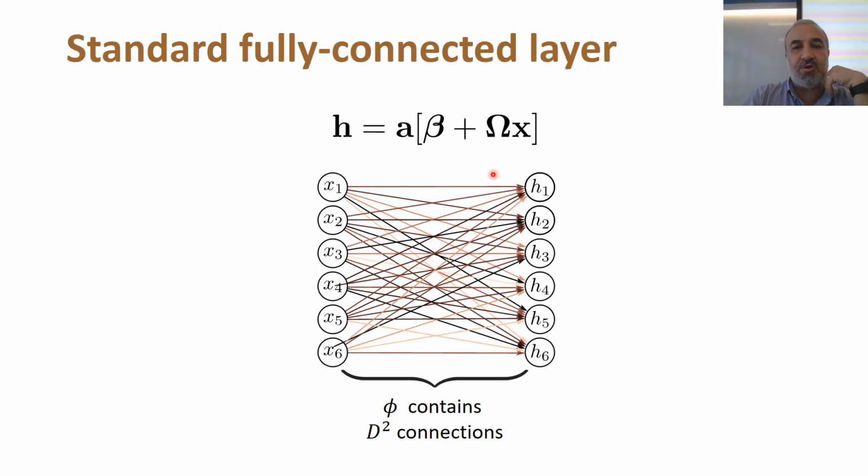I think you are used to this equation. What is the meaning of this equation? You saw it, I think, 100 times before. Yeah, the bias plus the weight matrix times the input, and then the activation function. So this is the standard fully connected layer that we used before.